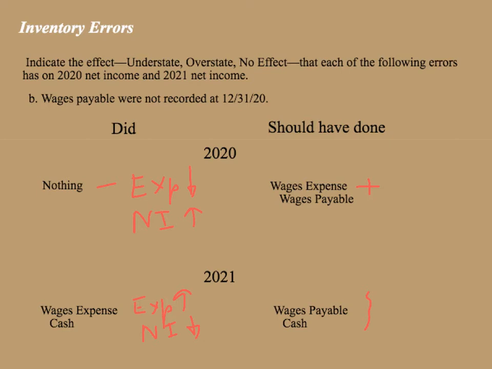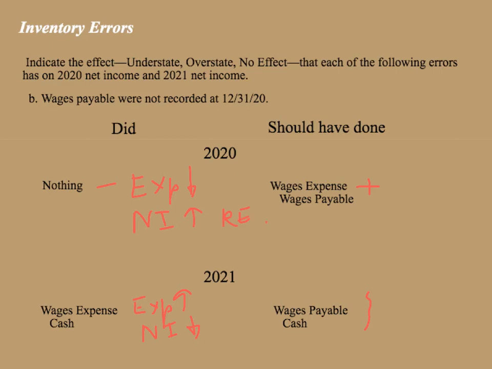And if you look at both years together, do you see how net income is overstated in year 2020 and then understated by the same amount in year 2021? So when you close net income into retained earnings in 2021, retained earnings will also be overstated. I'm going to go ahead and jot it down because it is asked on the CPA exam a lot.